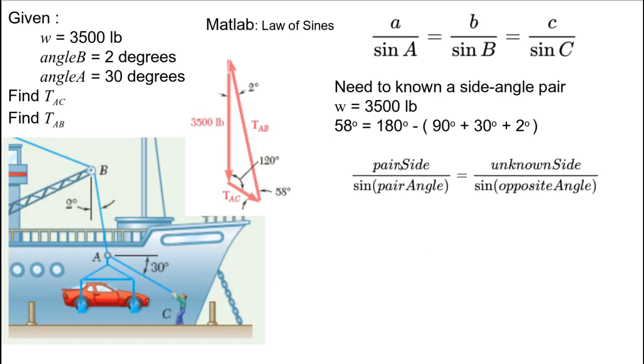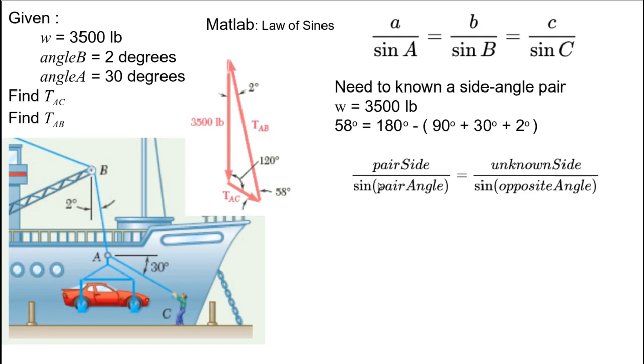So I like to rewrite it now as we've got our pair that we know. We know the pair side and we know the pair angle. And we want an unknown side and the sine of the angle opposite the unknown side.